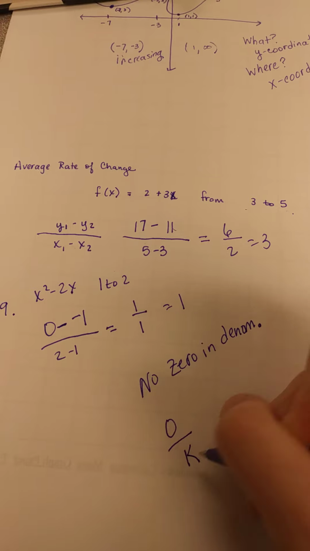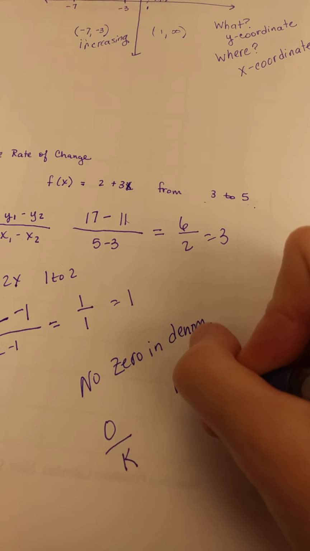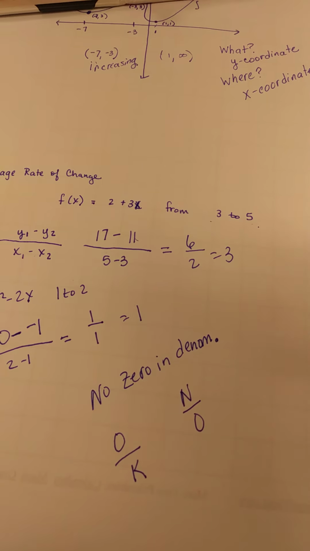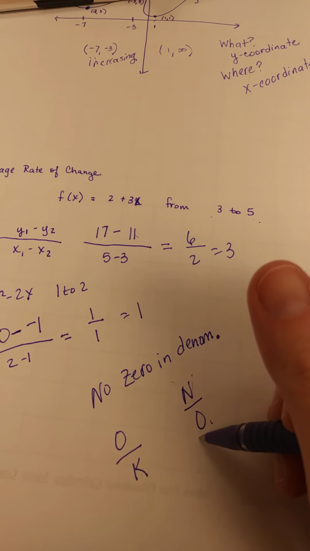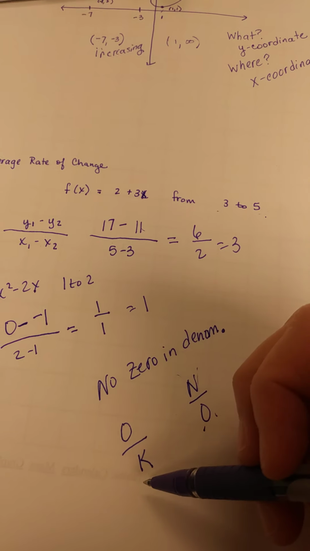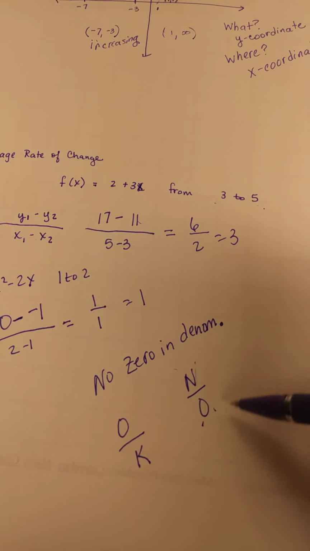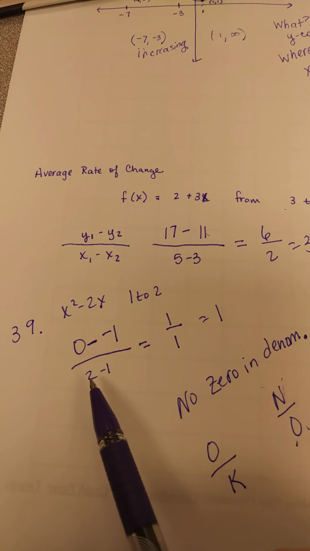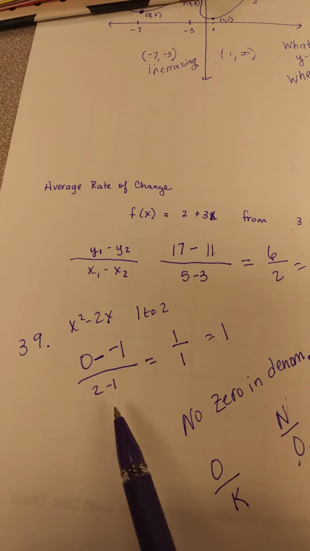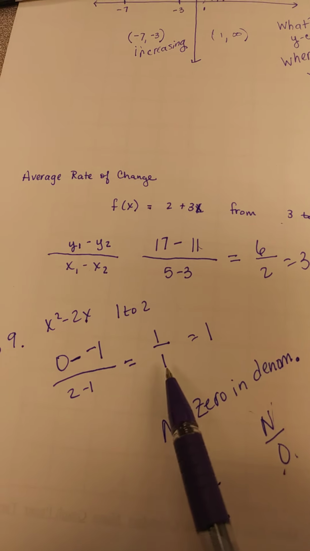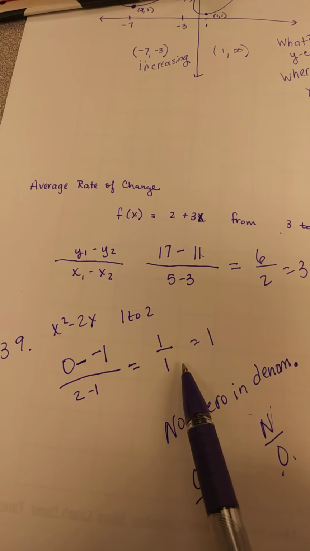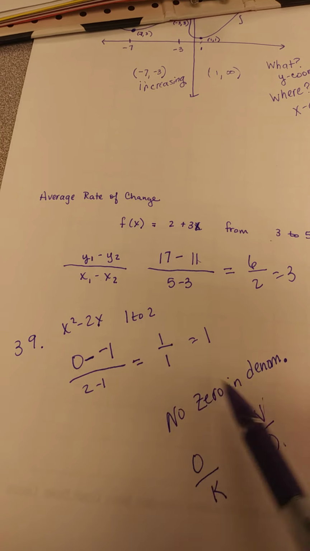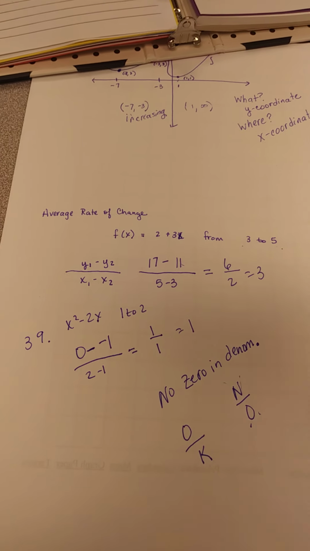So this is okay. This is a no solution. So no zeros in the denominator. It's okay to get a 0 in the top. And again, this is talking about the answer. It's okay to have a 0 in your work. You might plug a 0 in here or here. It's okay to have zeros anywhere in your work. But when you get to this part where you've simplified and get your answer, no zeros in the denominator. That answer would be no solution.